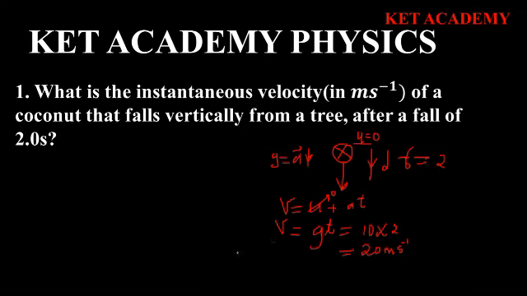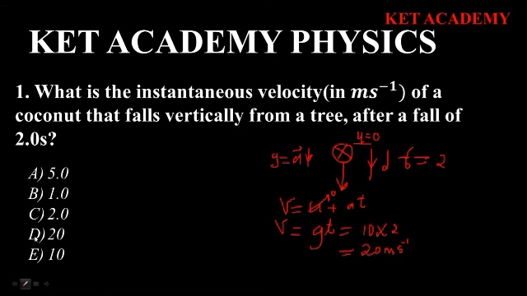So we are going to look at the options. The first one says 5, the second one says 1, the third says 2, and the fourth says 20. So that is our answer. Then the correct option here should be D.